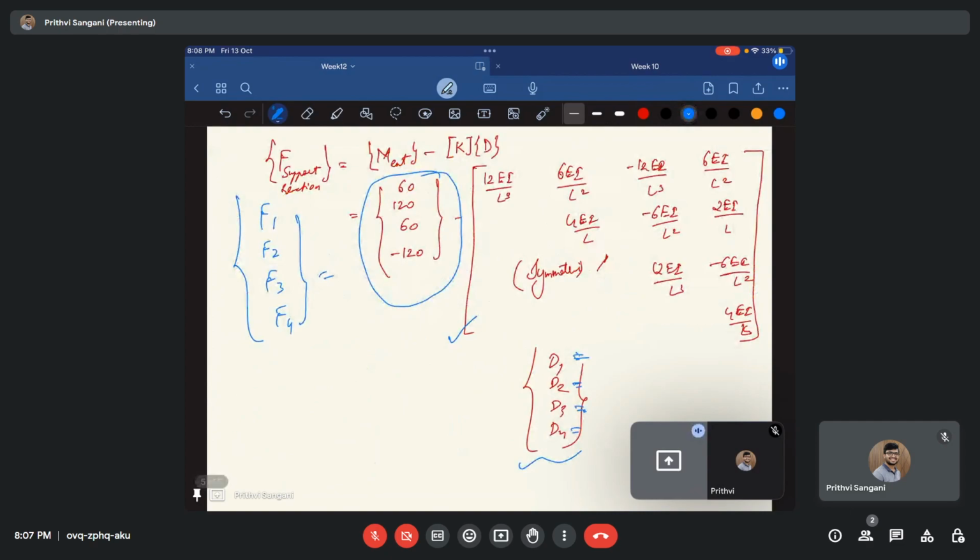So D1 is 0, D3 is 0, D4 is 0, D2 is 1.5 times pi by 180. That's it. You just substitute this. You already know the EI values, so you know the stiffness matrix values. You can directly find F1, F2, F3, F4.